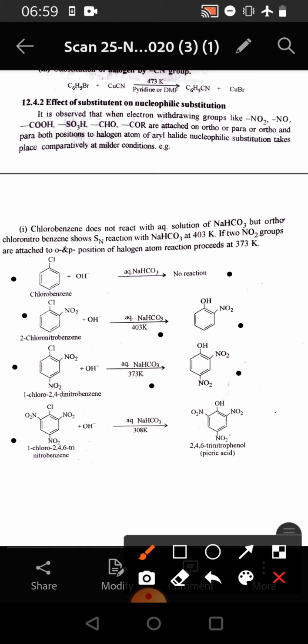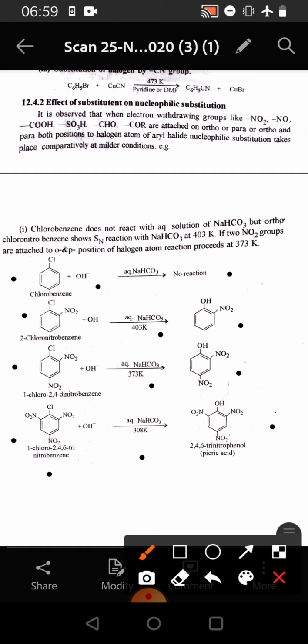And if both ortho positions and the para position are occupied, that is, we take 1-chloro-2,4,6-trinitrobenzene, then the temperature gets even lower, the reaction takes place at 308 Kelvin, and 2,4,6-trinitrophenol is formed.